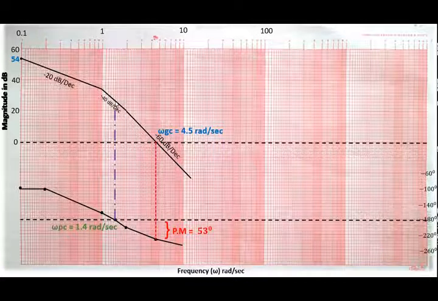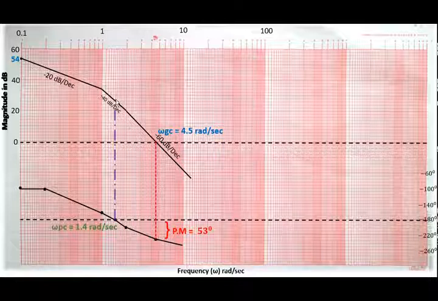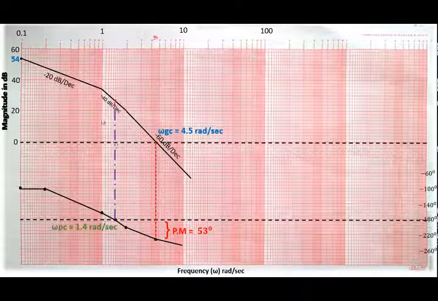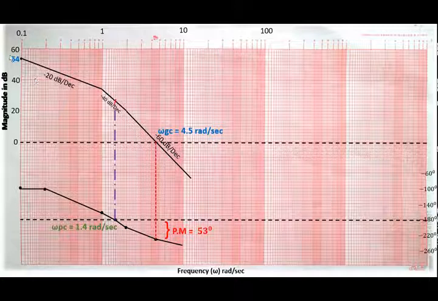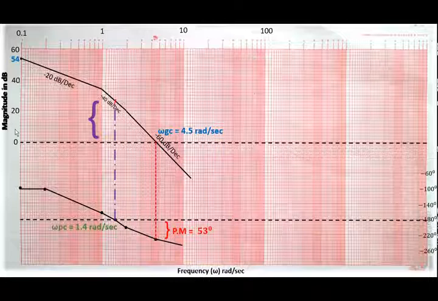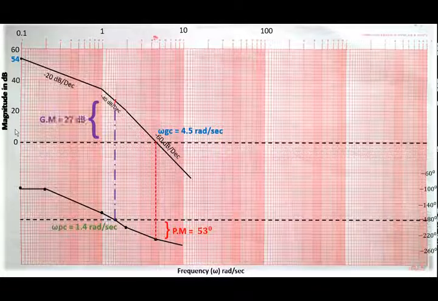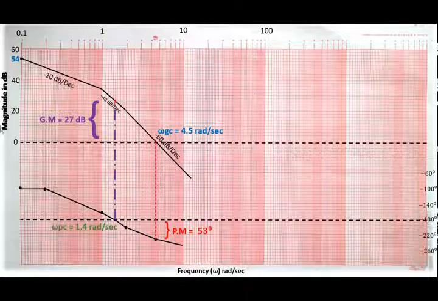So here you will be getting one point. Then take the difference between this point and the reference line of the magnitude plot. 0 dB is the reference line, and from this point to this point you need to measure how many dBs of gain there are, using this y-axis magnitude values. This difference is called the gain margin, that is 27 dB.